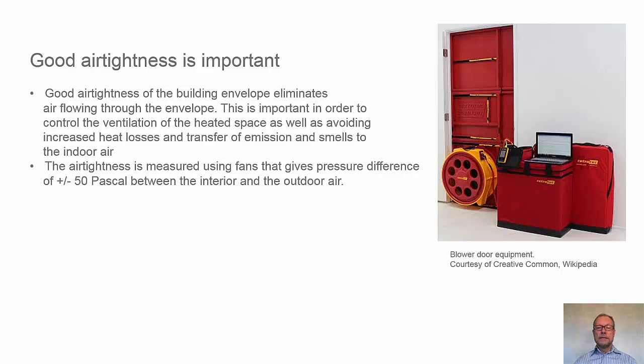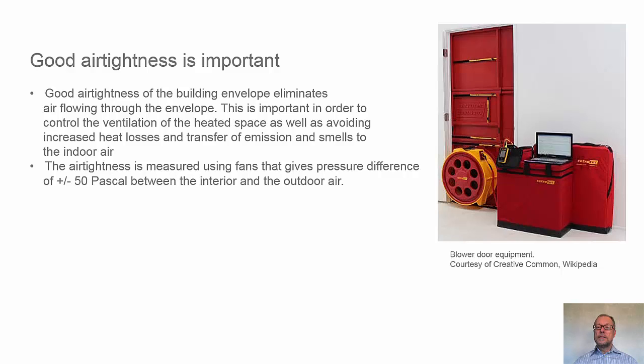So make a continuous air barrier around the building envelope, so air can't flow either into the building or from the building outwards. The picture here on the right is showing blower door equipment. This is quite a common way of testing the building's air tightness.